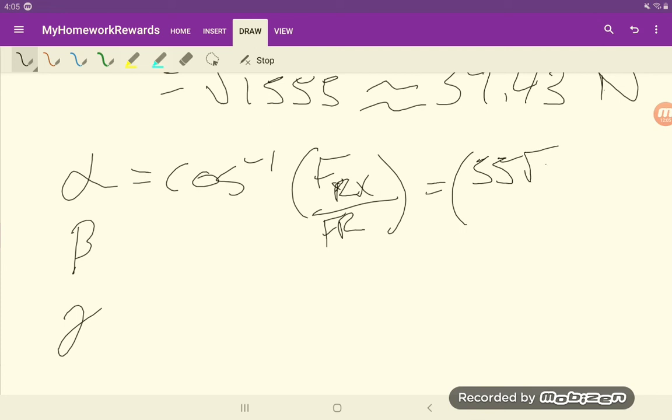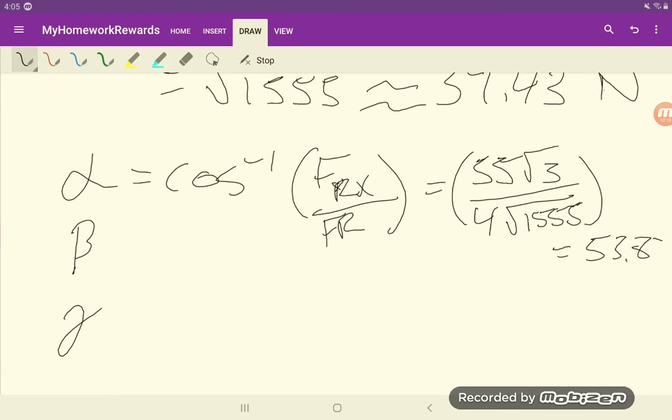Trying to avoid rounding, we end up with this, which gives us 53.85 degrees.